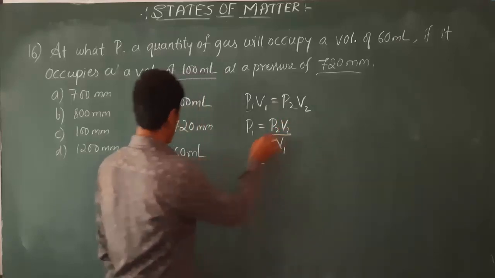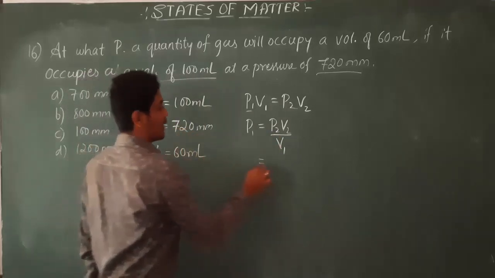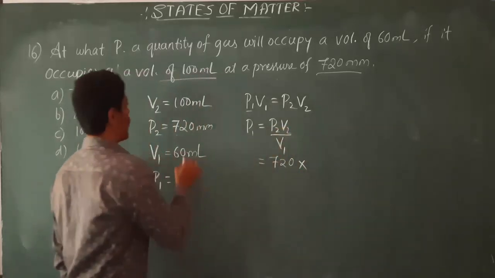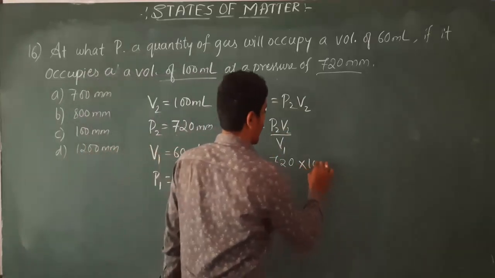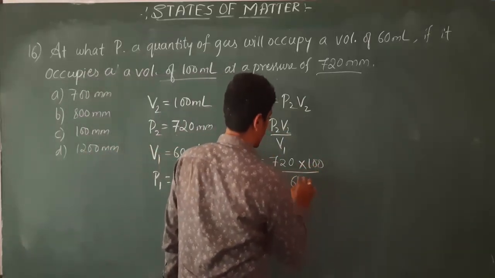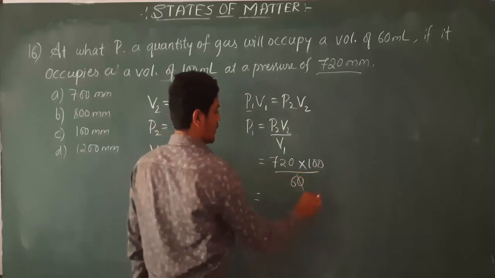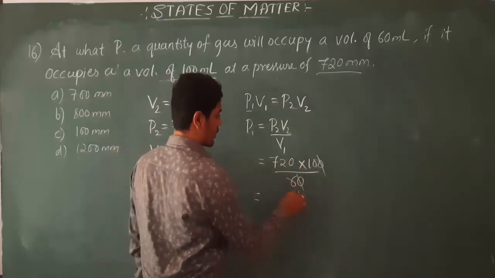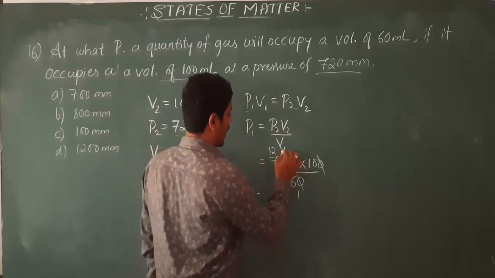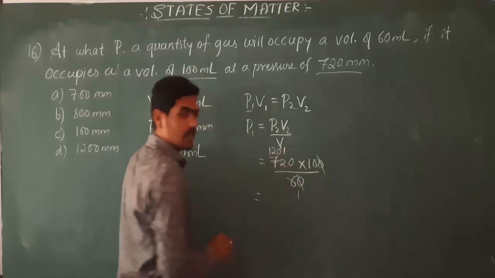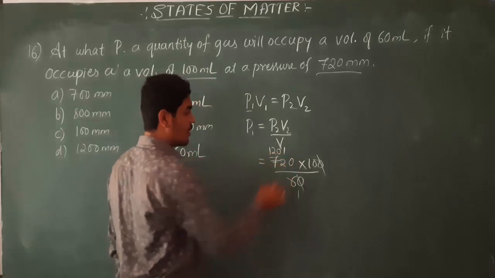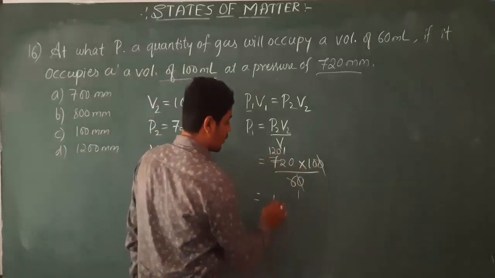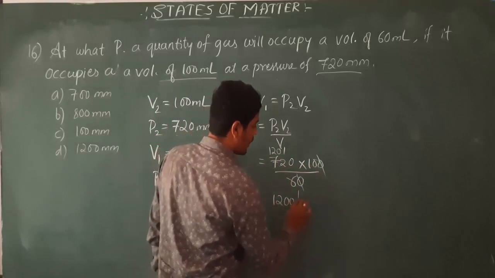So P2 is how much? 720 mm, into V2, which is 100 ml, and V1 is 60. So how much will you get? The 0s get cancelled out, and 6 ones are 6, 6 twos are 12, so 120. So 120 into 720 divided... 120 into 10 is 1200 mm.